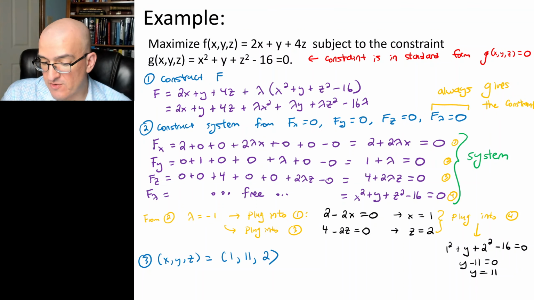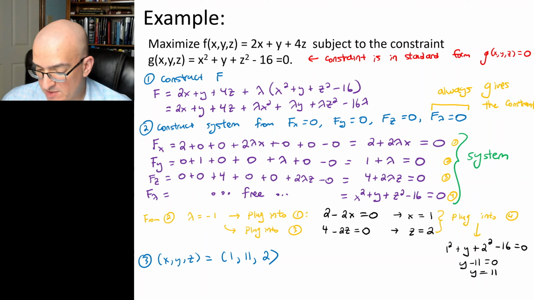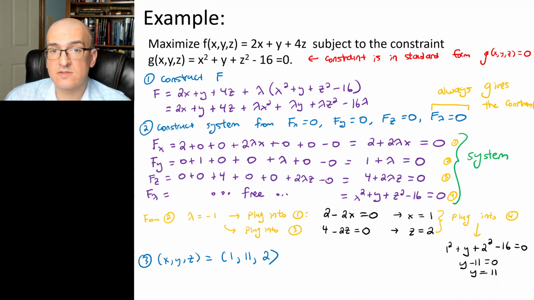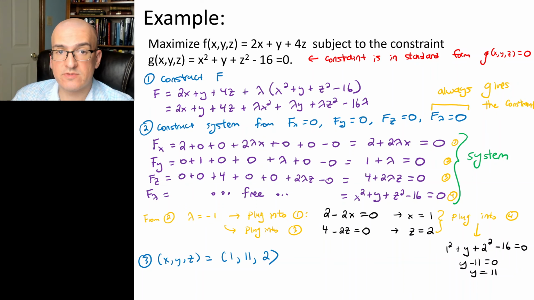We should make sure, and I didn't do this in previous examples, that this satisfies the constraint that g of x comma y comma z is equal to 0. So we have 1 plus 11, so 12, plus 4, 16, minus 16 is equal to 0. It's true, so it's good. It meets the constraint. This point is on that boundary, so it qualifies.